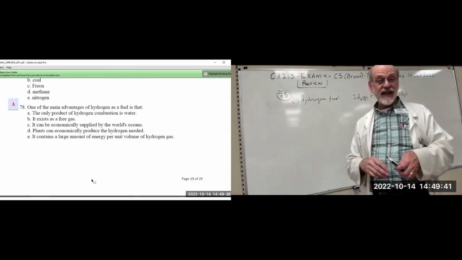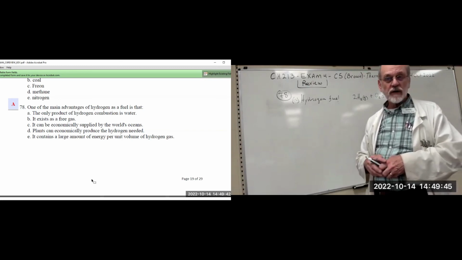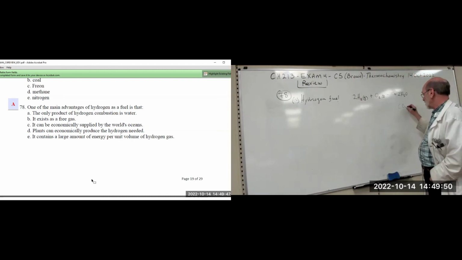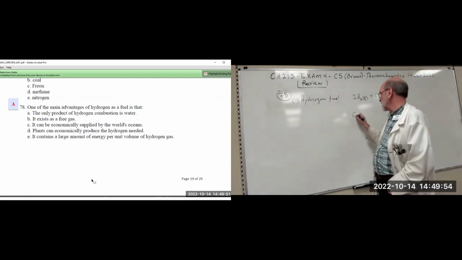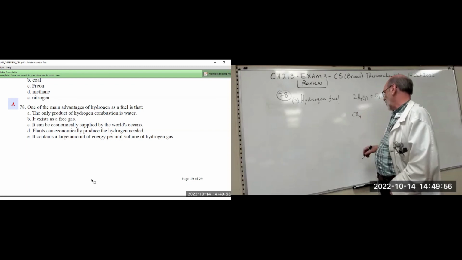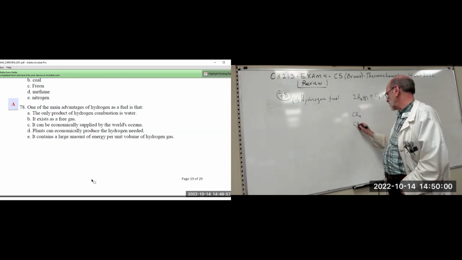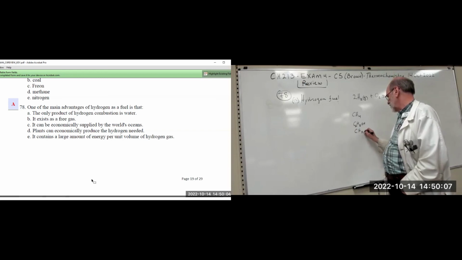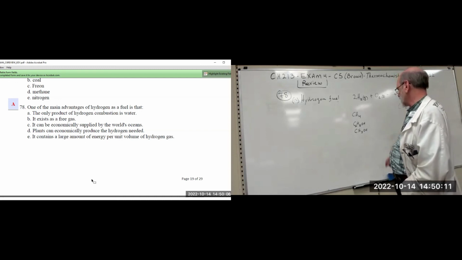So really, the best answer is the only product of hydrogen combustion is water. And that's because it's water and it's not carbon dioxide. Right? If we were to burn, say, methane or ethanol, C2H5OH, or what else?